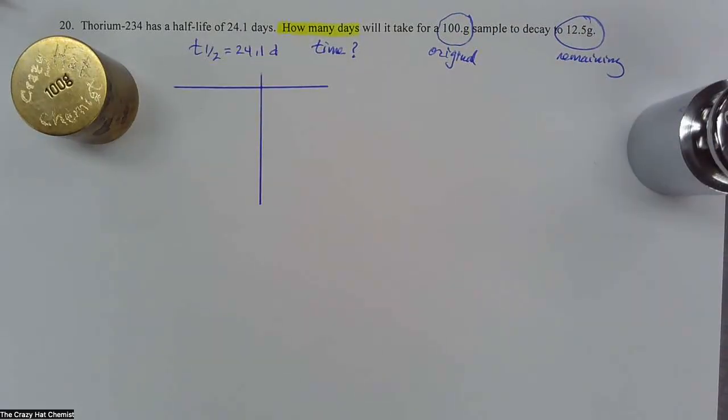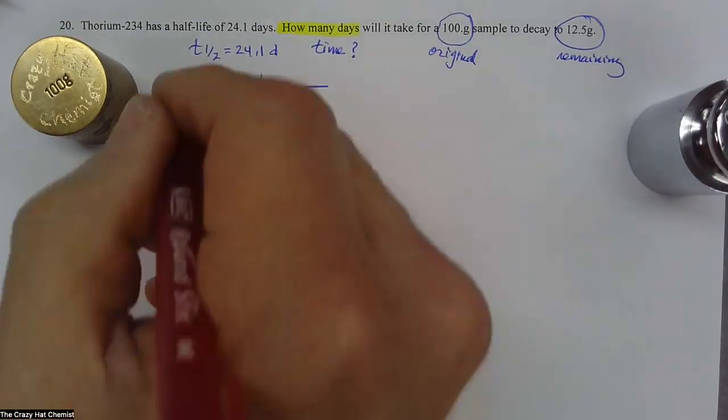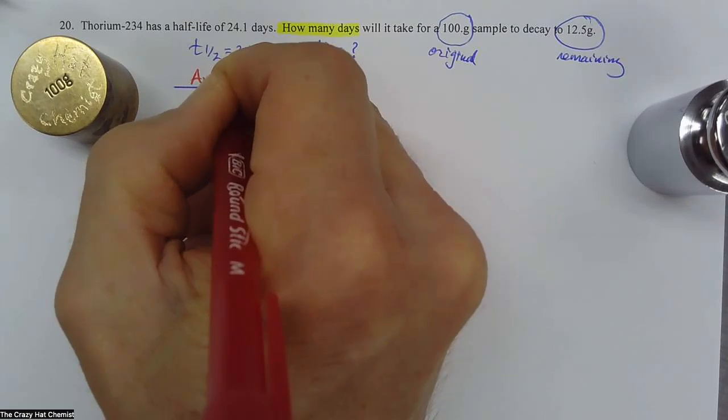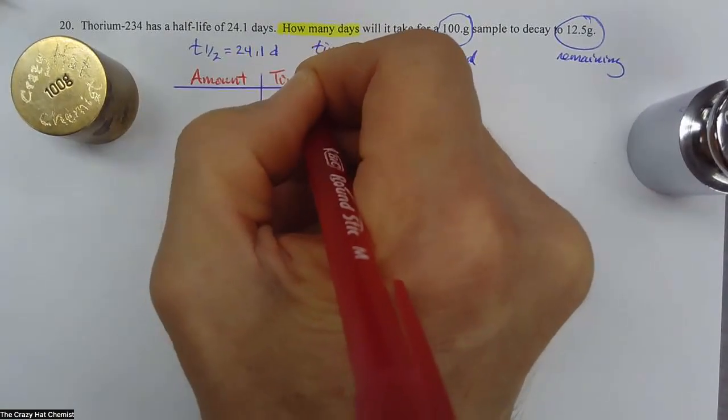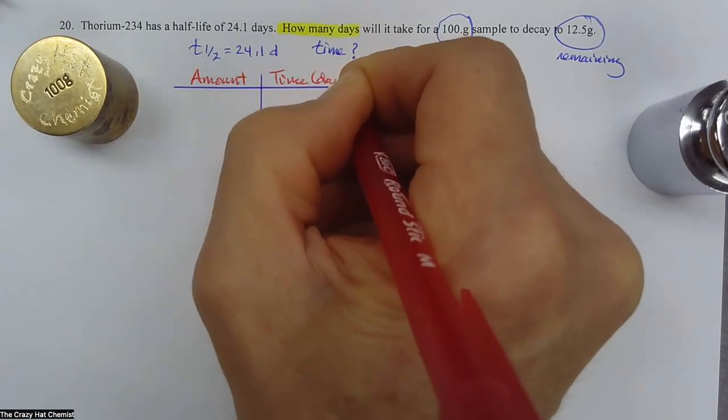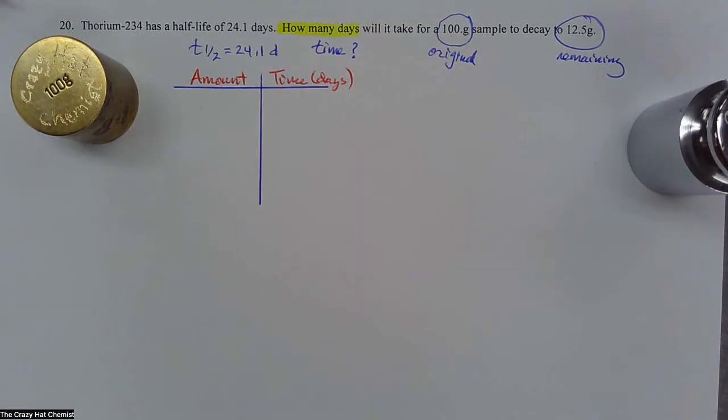So here we go. The simple method would be: we have amount, and then we have time in days. Again, this is not my preferred method, but it will most certainly work.